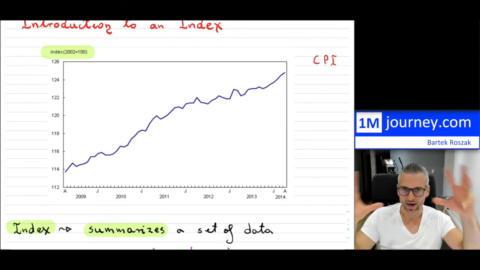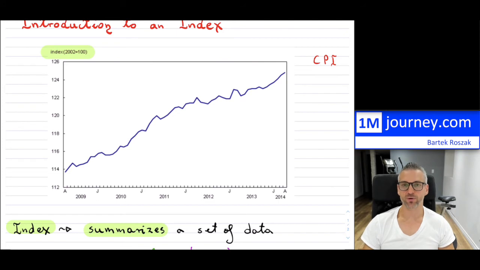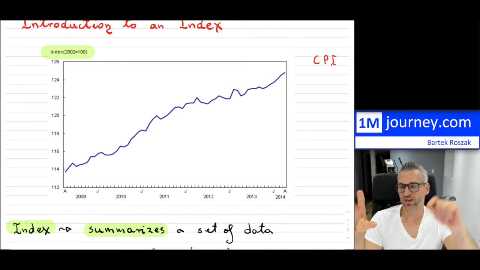And the normalized number, the base number, is 100. And that's a comparison. So instead of looking at all of these items individually, it's much nicer to just look at one number, which is the consumer price index, and then see what is happening.